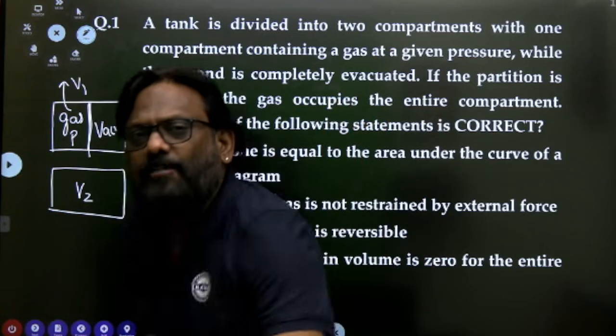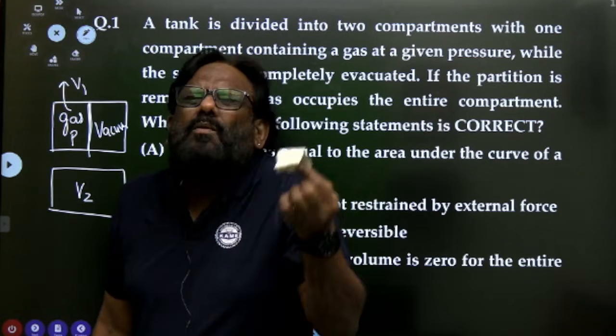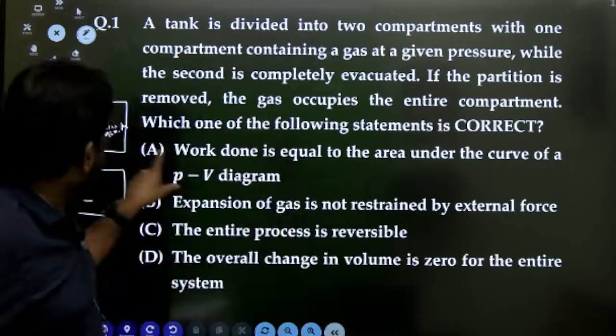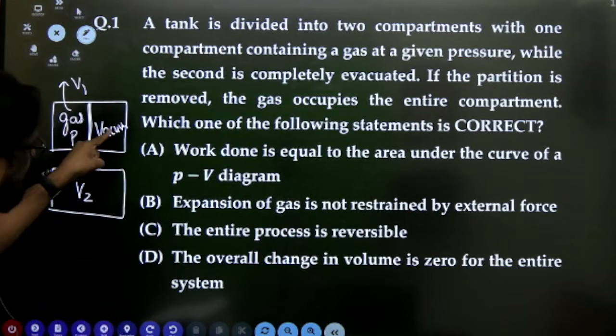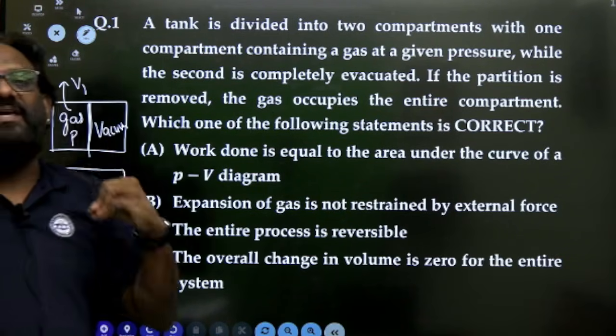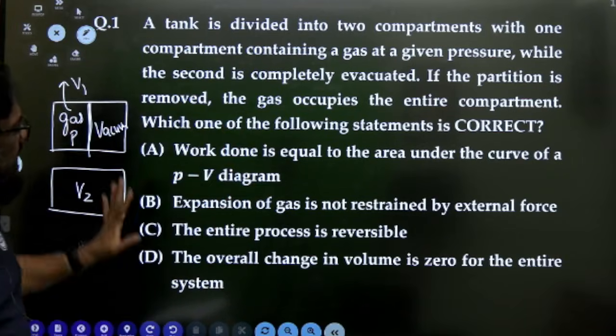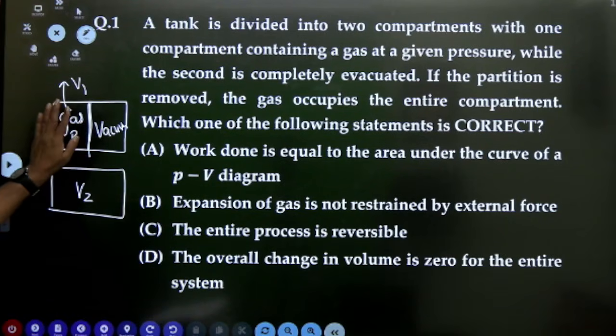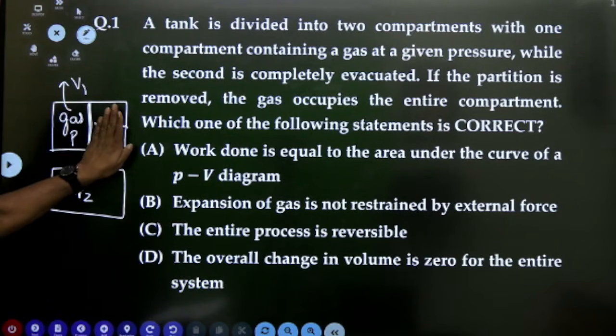Suppose I lift this small paper, how much work am I doing? Zero. Almost negligible, I would say, compared to lifting this. So as there is no resistance, the external resistance is zero, therefore the work transfer is zero in free expansion. Okay, no problem. And you know, the pressure on this side is high and on this side it is absolutely zero.